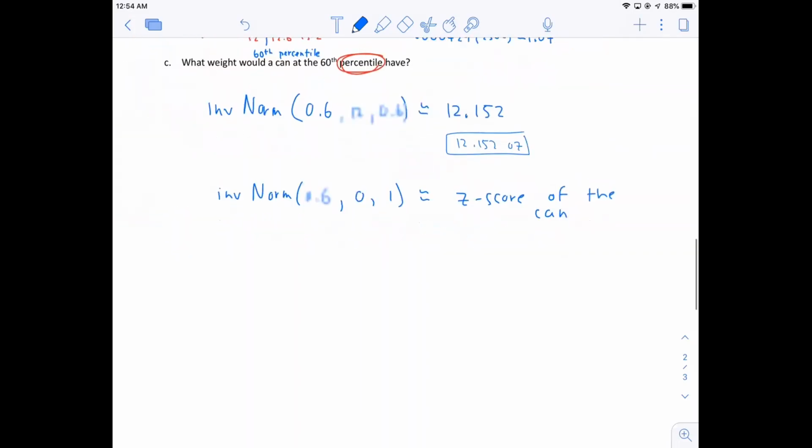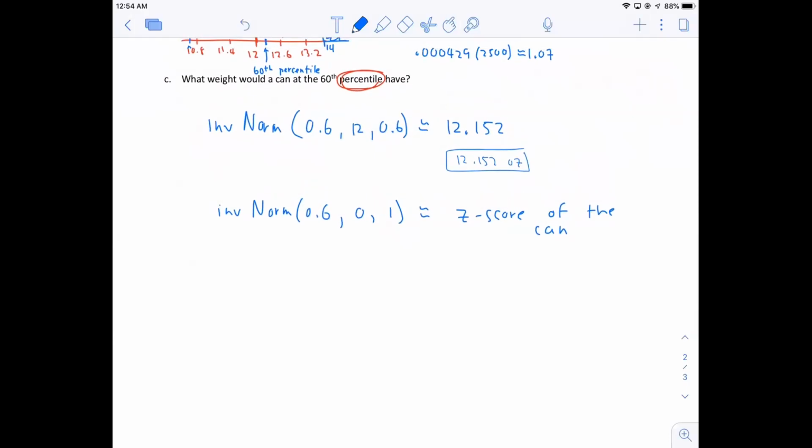And so to get the actual weight then, well, it's kind of silly. You wouldn't want to do this, but let me just do it on the calculator. I'm sure you guys will believe me once I do this. By doing this on the calculator, I type in 0 here and 1.